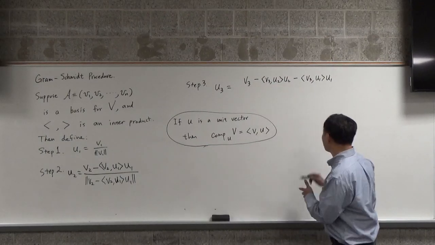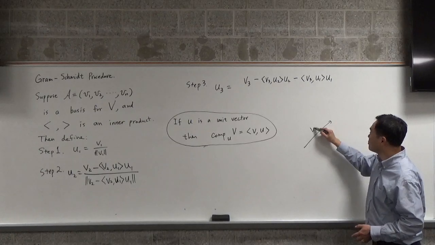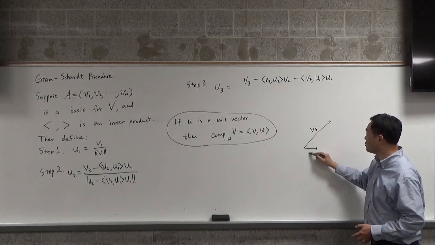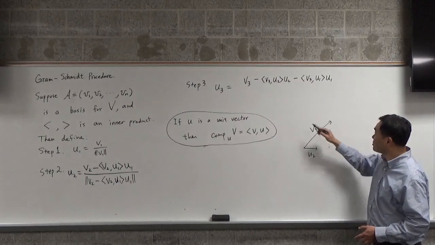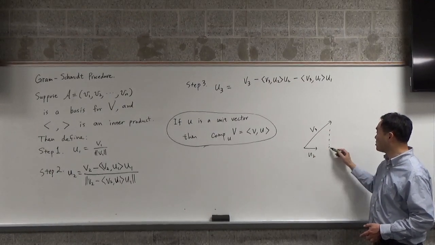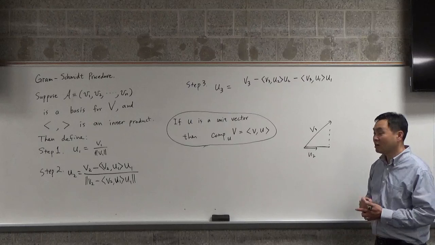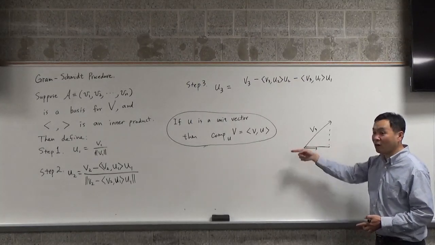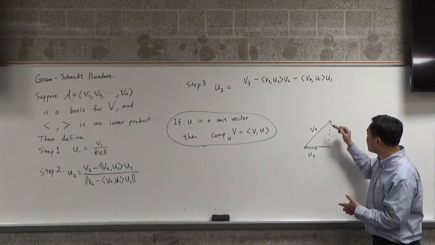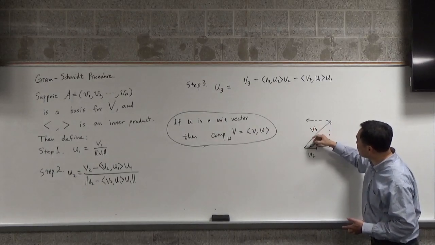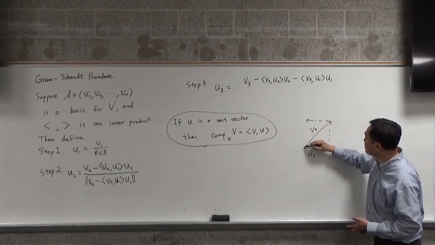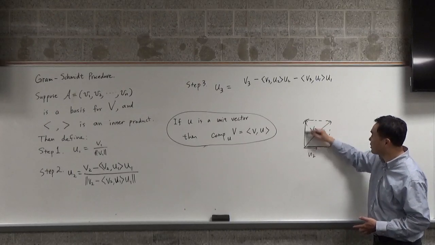If you know this, then you kind of know what this is doing. You have v3 and you have a unit vector u2. This inner product measures this much, this length, and you're subtracting this off. Since you're subtracting, this much is taken away, and now v3 minus this much gives you this new vector, and look what happened.